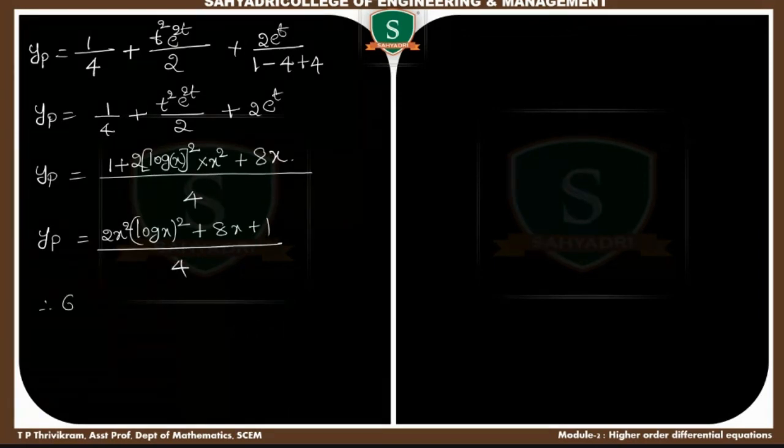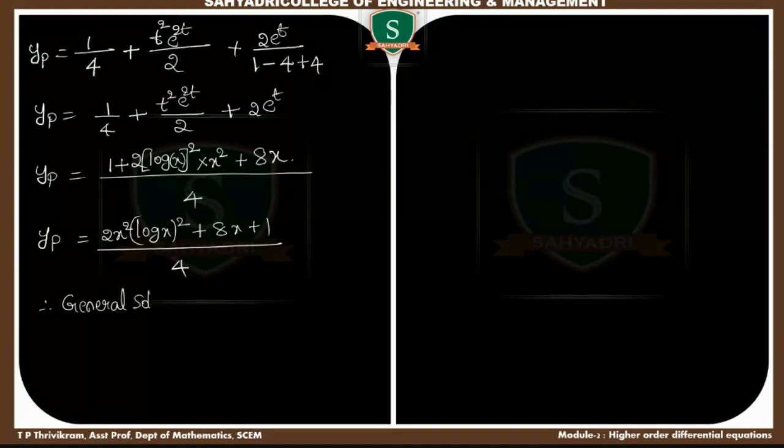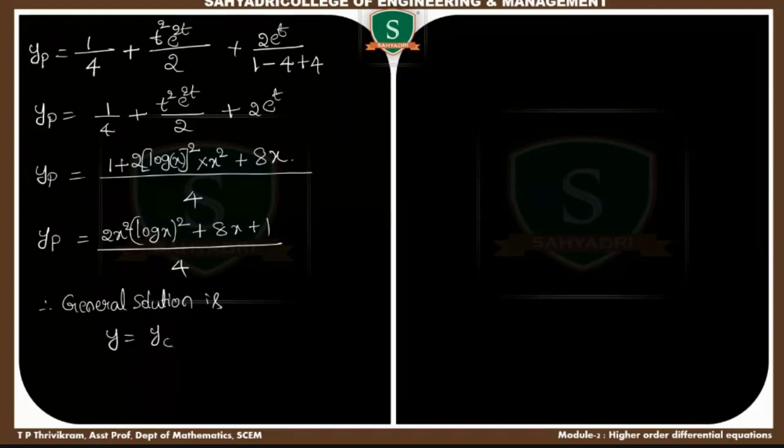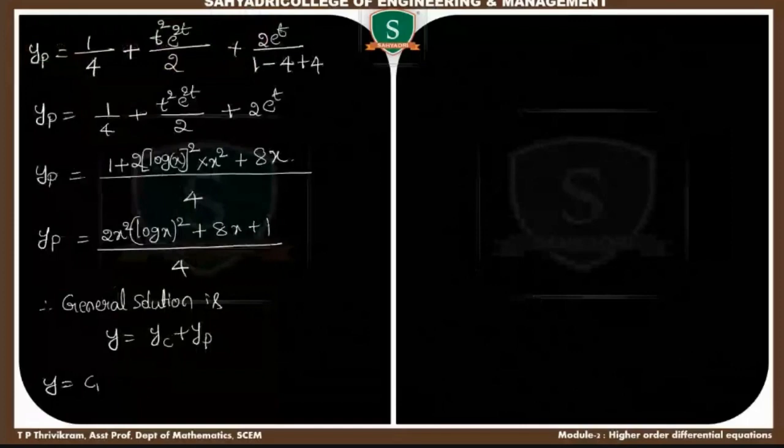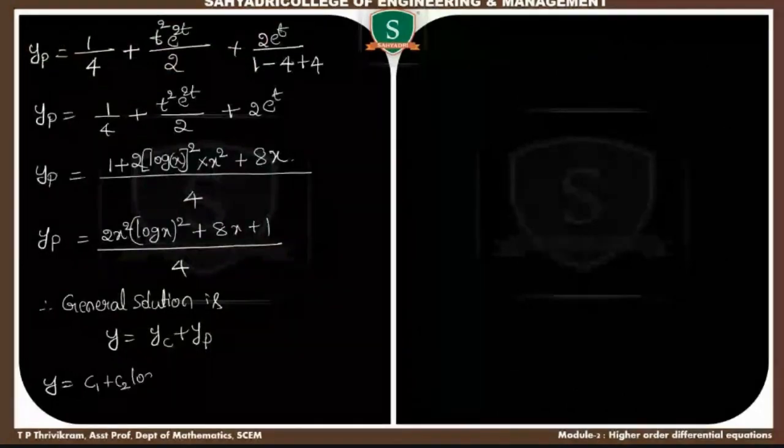Therefore, general solution is y is equal to yc plus yp. Therefore, y is equal to yc. Yc is c1 plus c2 log x into x square.